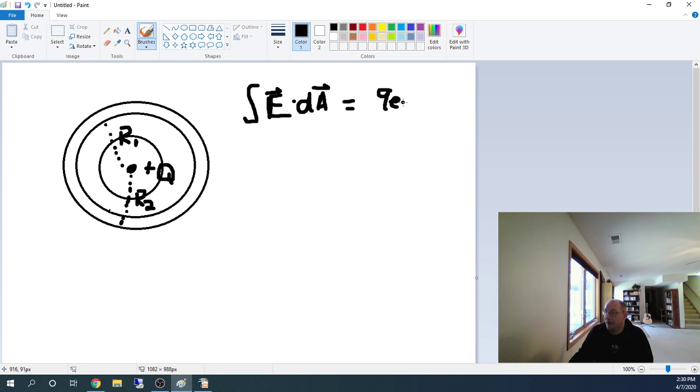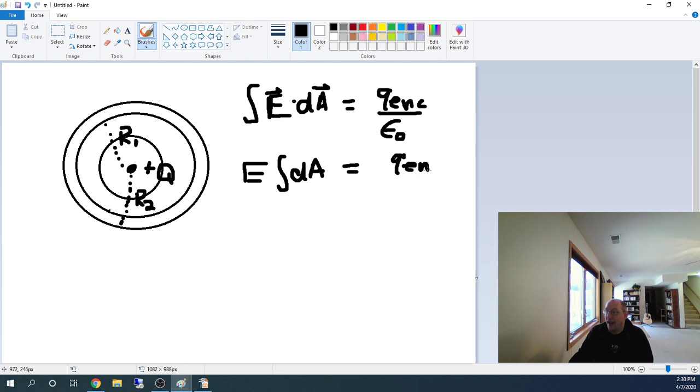Now, remember Gauss's law says that this electric flux is always equal to however much charge is enclosed by a surface divided by epsilon naught. Okay, so now the left-hand side becomes E times the integral of dA, which is easy to do.